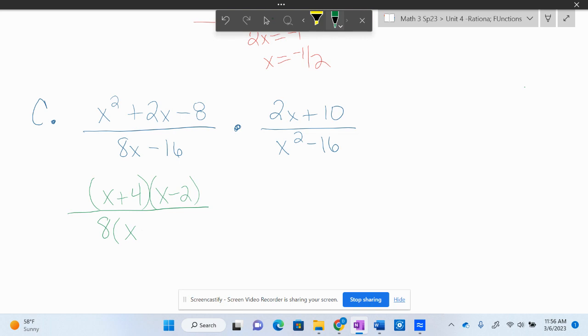That leaves me with x minus 2. What can I take out of the numerator from the fraction on the right? A 2. And what does that leave me with? X plus 5. And x squared minus 16. Connor, how does that factor? Perfect. X plus 4, x minus 4.